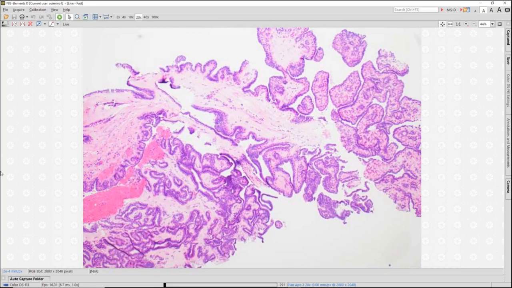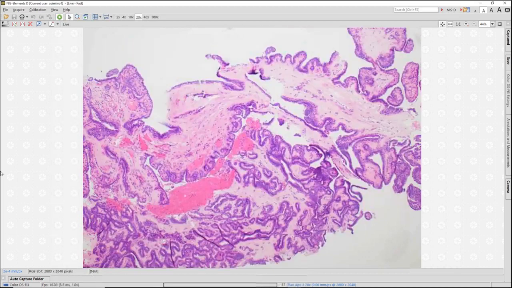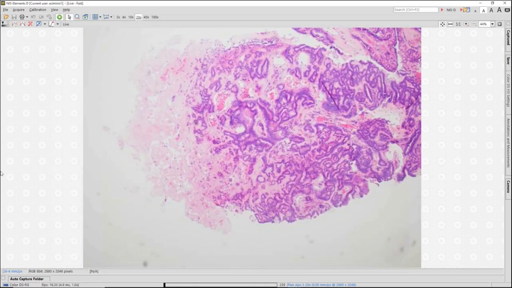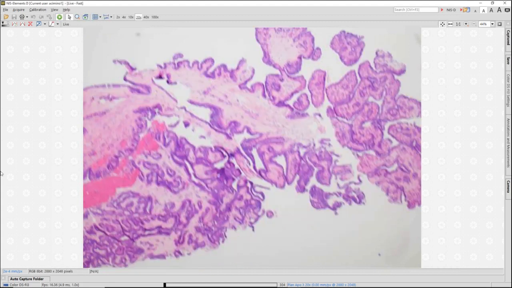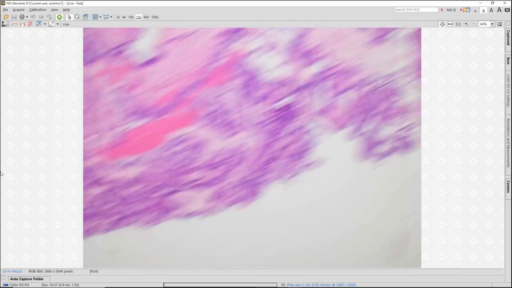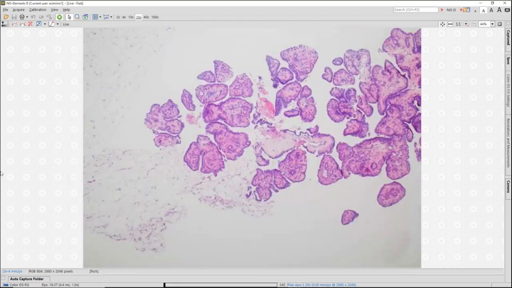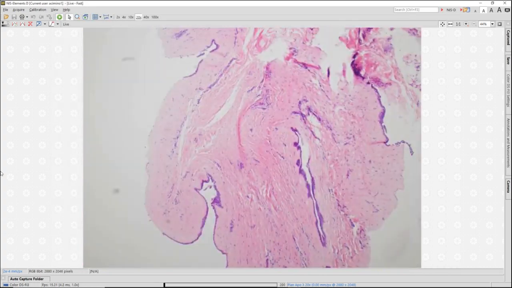So here we see this breast lesion on core needle biopsy, and papillary lesions on core biopsy can be challenging because they often fragment, because they're projecting within a cystically dilated duct space, and you may not actually see the distinct interface with the adjacent normal breast tissue.